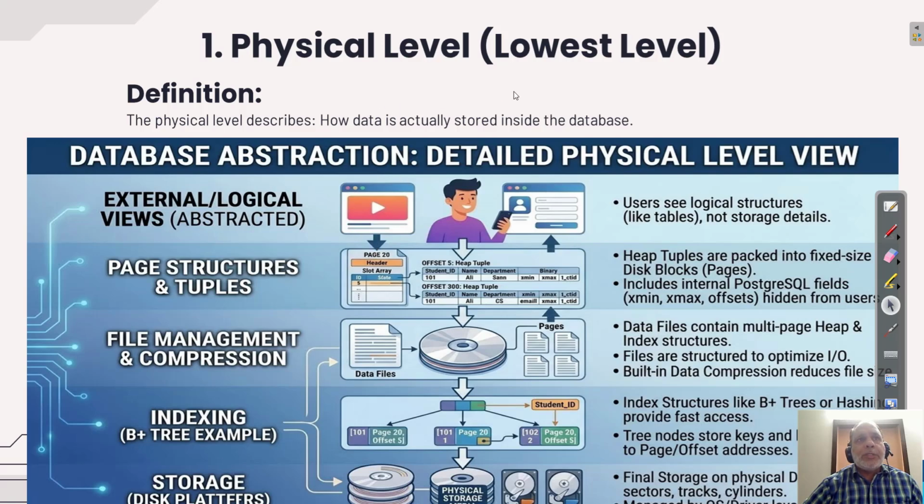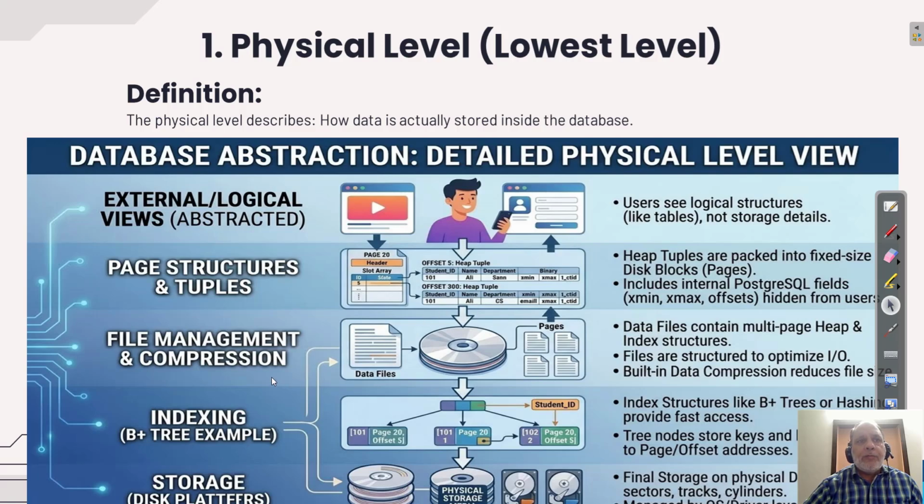Physical level, this is the lowest level, as I told you. In this level, we deal with how data are stored. For example, if ID is 101, it will be stored in, for example, page 20, and then offset is 5. So it will store the record here.